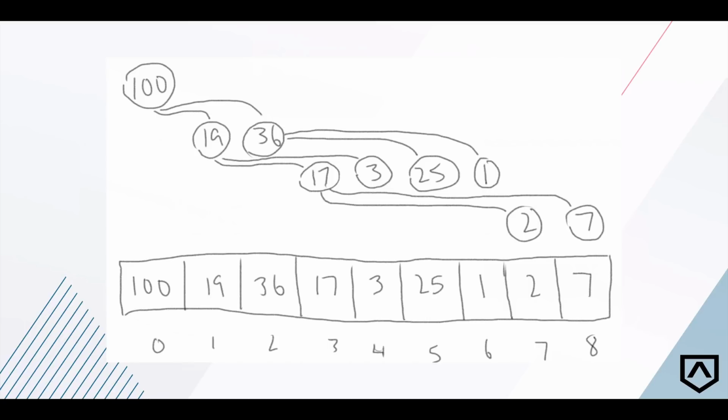Using 100 as an example at index 0, if we want to grab 100's left child, it would be 2i plus 1. So it would be 2 times 0 for 0, plus 1 for 1, gives us index 1, and that is indeed 100's left child, 19. And so on and so forth. Again, if you're not convinced, get some paper, draw it out, and use the formulas to prove to yourself that this does indeed work.